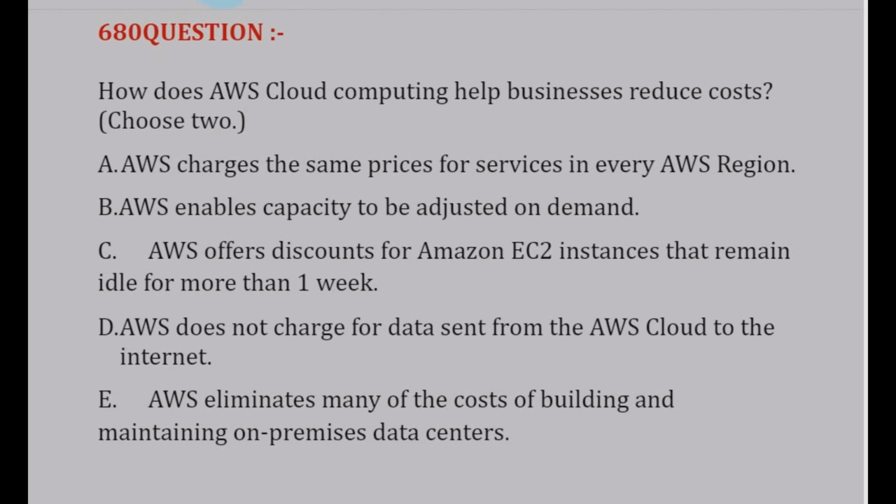Option C. AWS offers discounts for Amazon EC2 instances that remain idle for more than 1 week. Option D. AWS does not charge for data sent from the AWS cloud to the internet. Option E. AWS eliminates many of the costs of building and maintaining on-premises data centers.